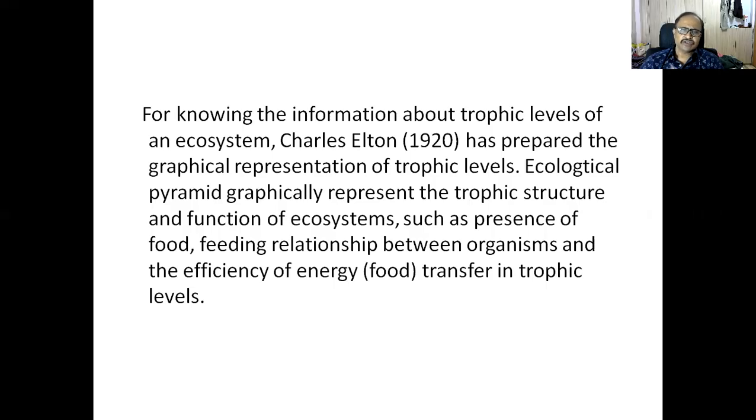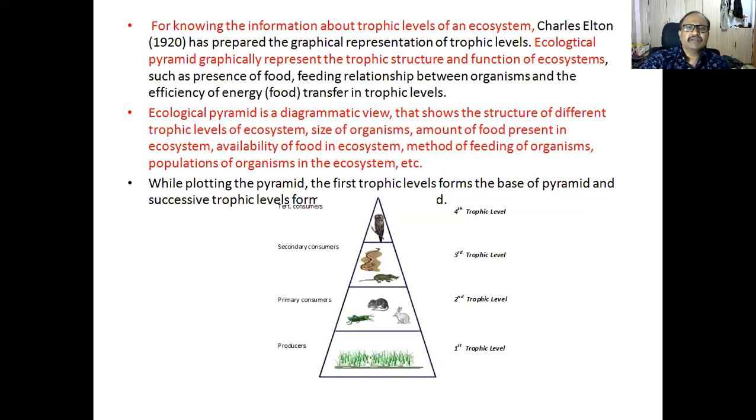It also shows how much energy is produced, how much energy is present in each trophic level, and how the energy or food is transferred from the first trophic level to the second trophic level. This picturized form of the ecosystem is given by Charles Elton, which is called the ecological pyramid. The ecological pyramid is the graphical representation of the trophic levels of an ecosystem.